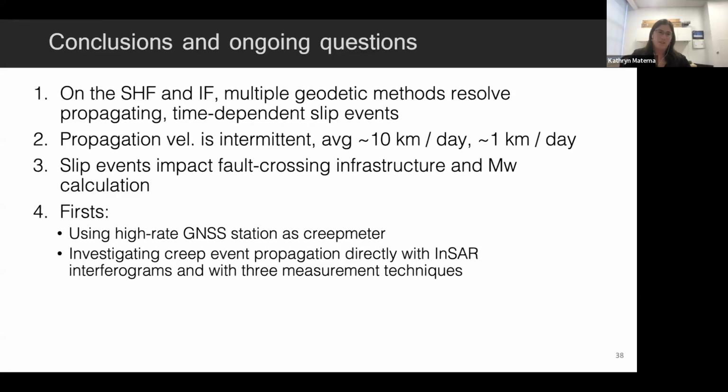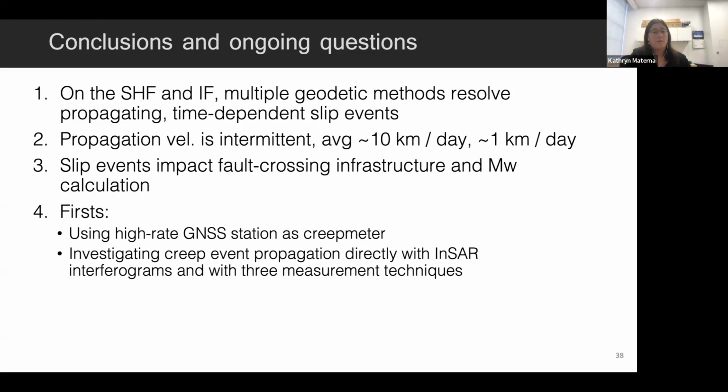So on the Superstition Hills and Imperial faults, multiple geodetic methods are able to resolve propagating time-dependent slip events. On the Superstition Hills fault, especially, the imaging is really quite clear. Number two, the propagation velocity that we infer is intermittent, and it averages 10 kilometers a day for the Superstition Hills fault and 1 kilometer per day for the Imperial fault, but it could be more burst-like, going as high as 42 kilometers a day for segments of this fault.